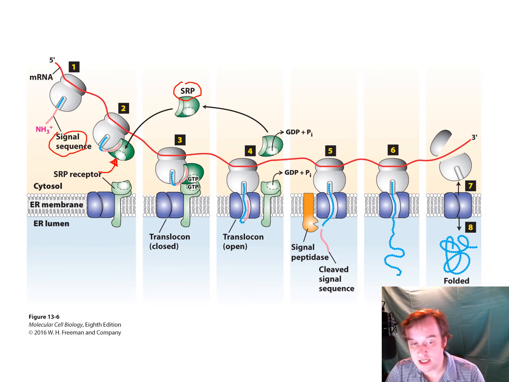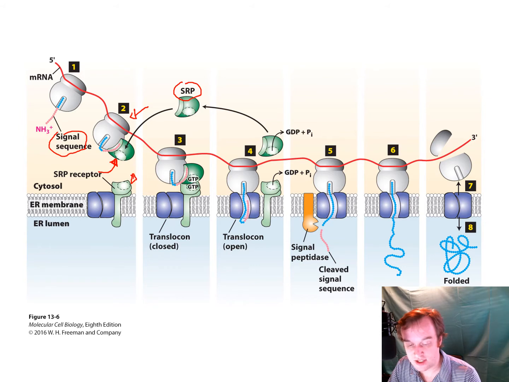In step 3, the SRP, the nascent polypeptide chain, and the ribosome complex, so that's this whole ribosome, developing polypeptide, and SRP bound together, binds to the SRP receptor in the ER membrane, so that's down here.